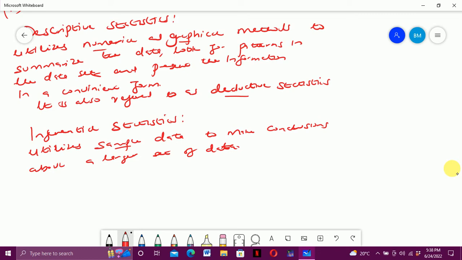So inferential statistics utilizes sample data to make conclusions or generalizations about a larger set of data. Now, inferential statistics is also called inductive statistics.